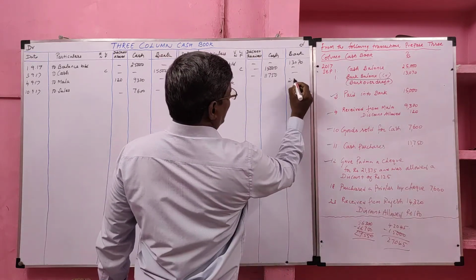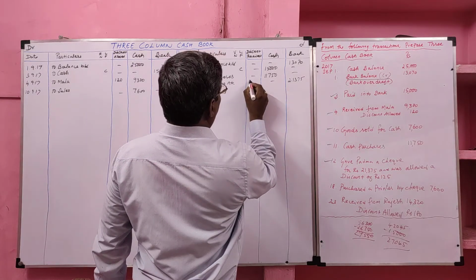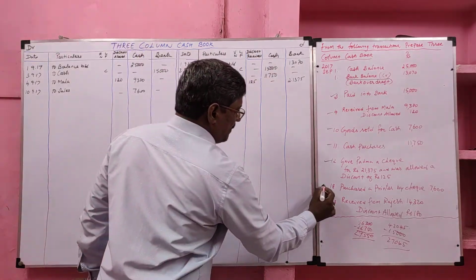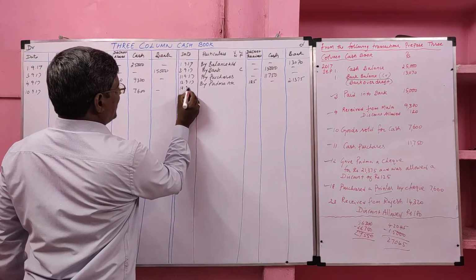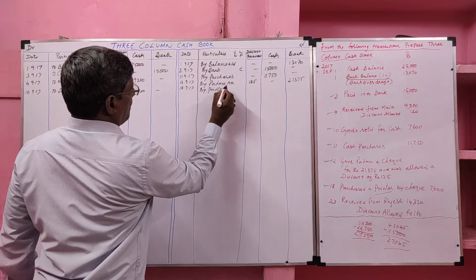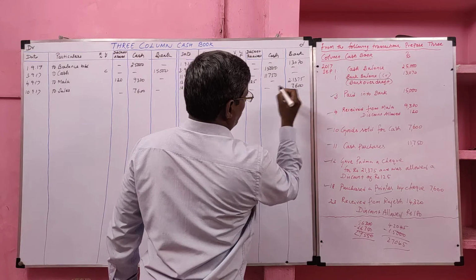The discount value is recorded in the discount received column. Next, purchased printer by check. Payment made by check is recorded in the bank column.